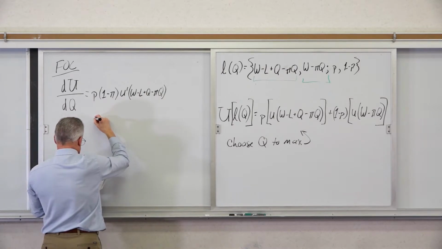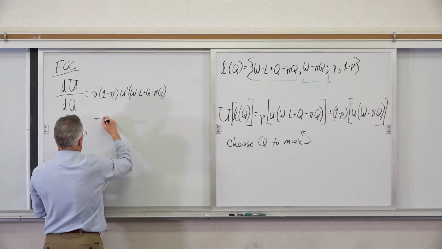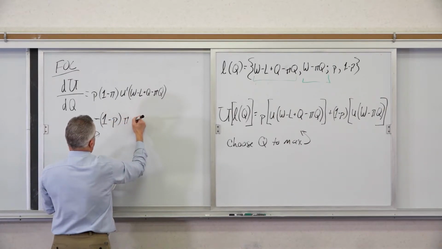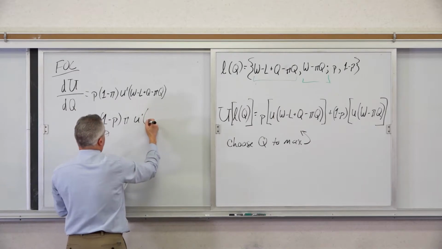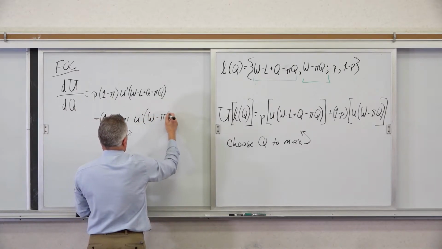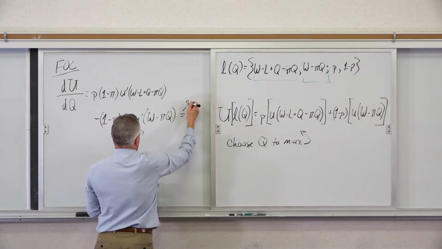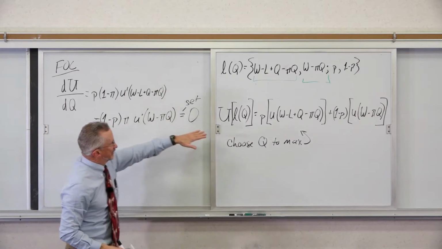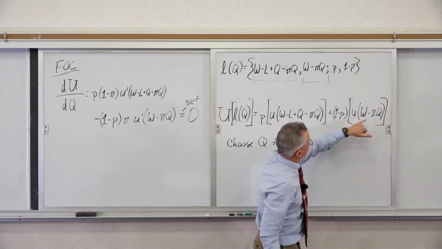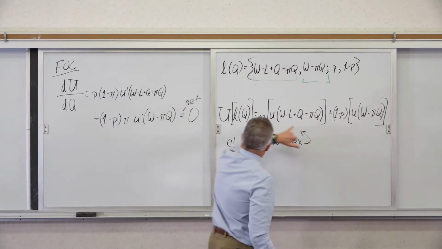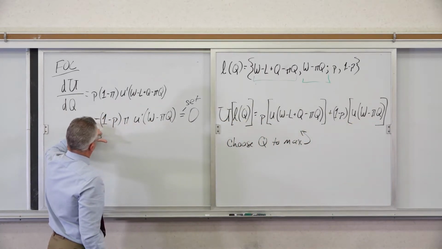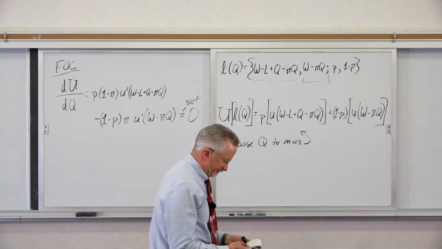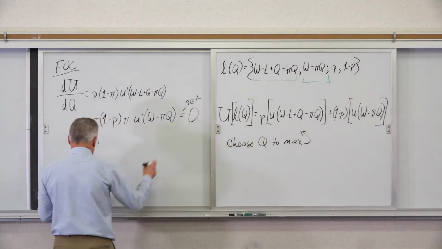I'm going to put a minus here: minus 1 minus P times pi times U prime of W minus pi Q. We set that equal to 0. That's minus because when I took the derivative with respect to Q, I got the minus pi. I just brought that out and transferred the negative 1 over here. Great.